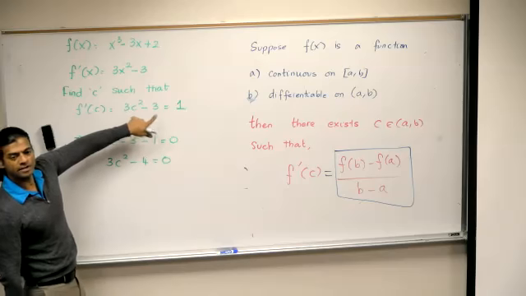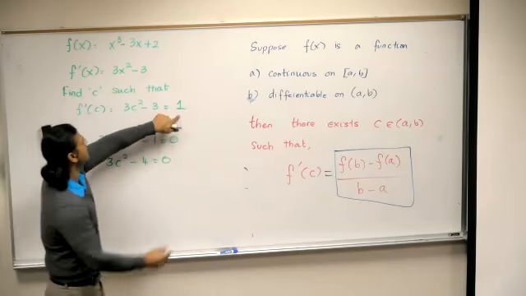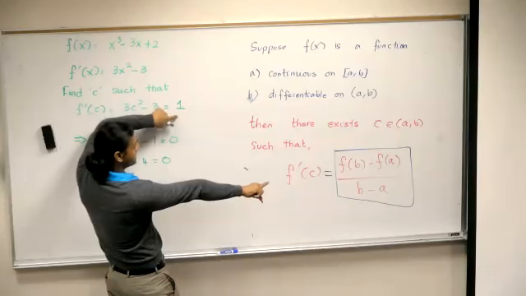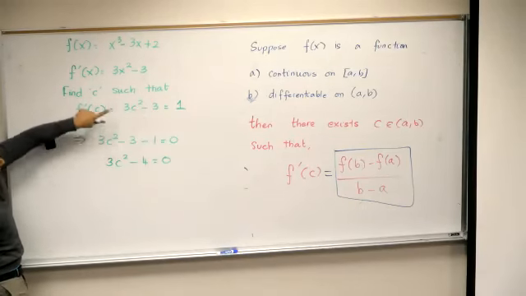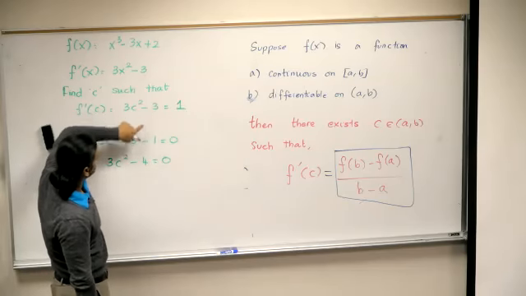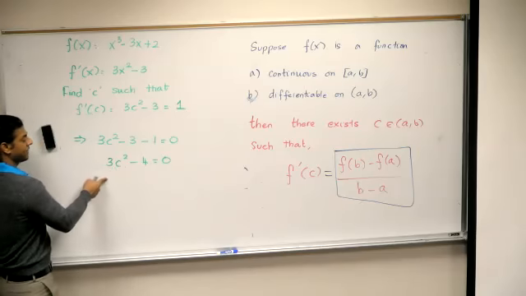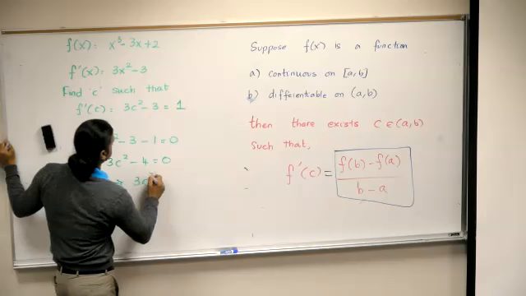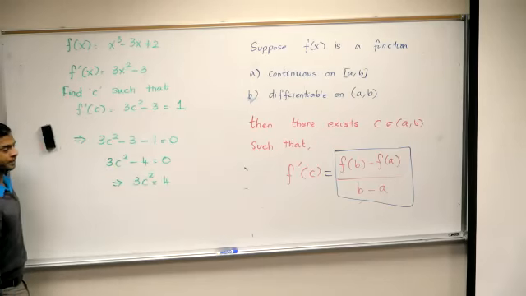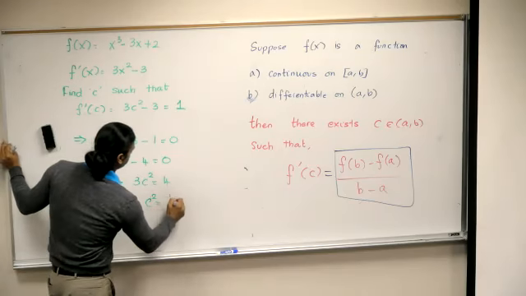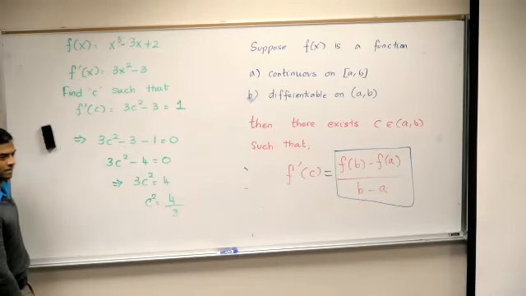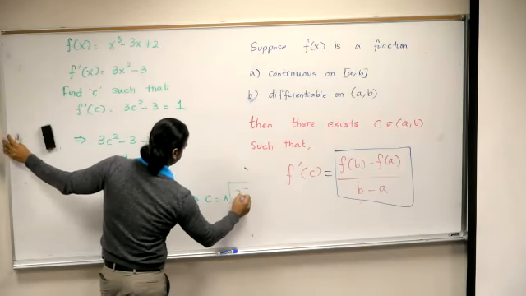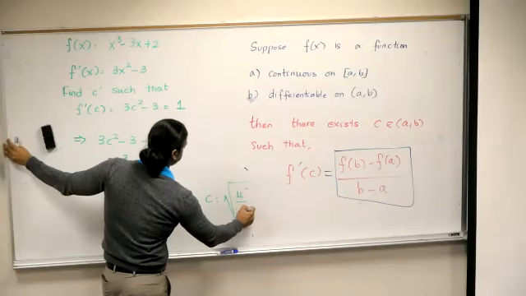So 3c squared minus 3 equals 1, 1 being the average rate of change, the right-hand side of the mean value theorem. So I move the 1 to this side, you get negative 1. 3c squared minus 4 equals 0, which would imply 3c squared equals 4. c squared would be 4 divided by 3. c would be plus or minus the square root of 4 over 3.